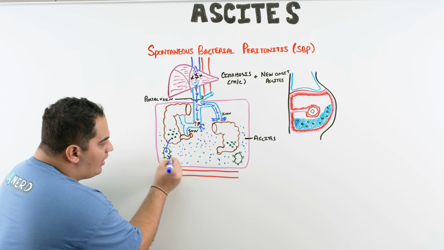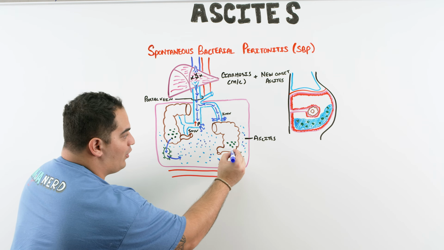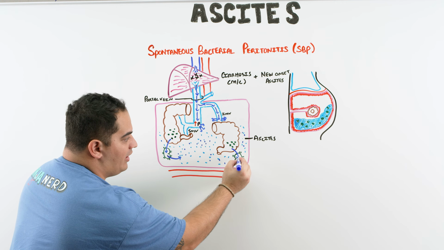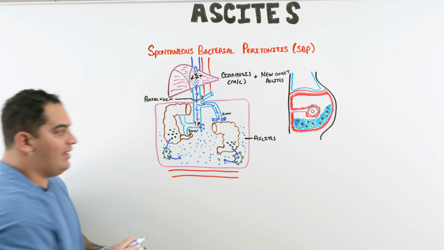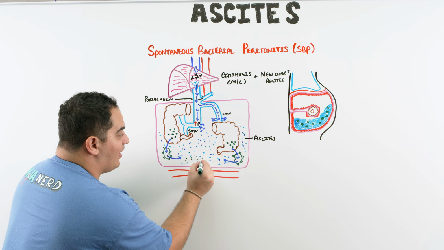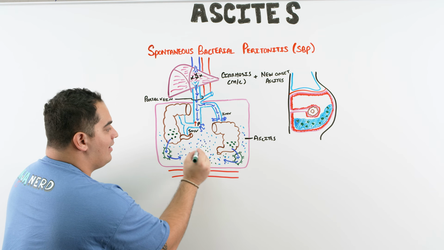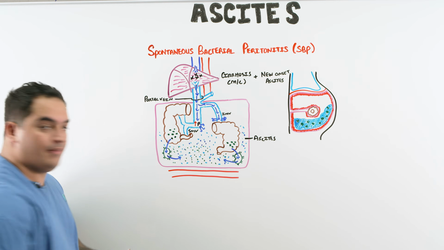And then from here, it'll spread into the actual ascitic fluid, into the peritoneum. So bacteria will go from here, across the lumen, into the mesenteric lymph nodes, and then into the actual ascitic fluid. So now I have bacteria that is accumulating inside of this ascitic fluid.